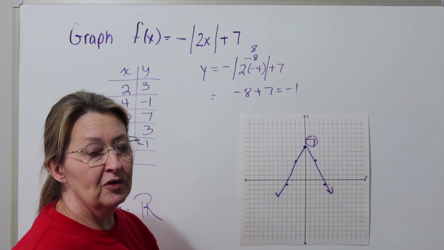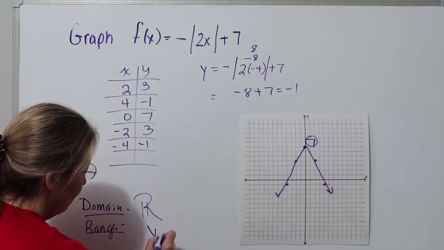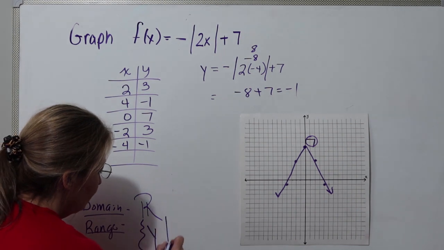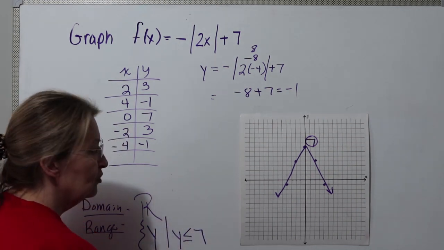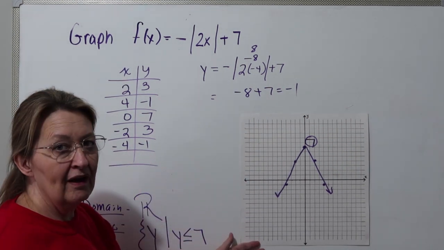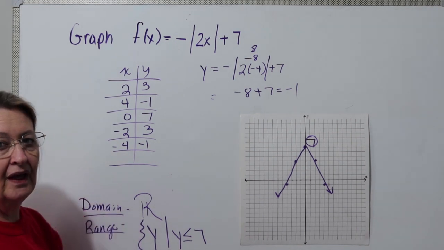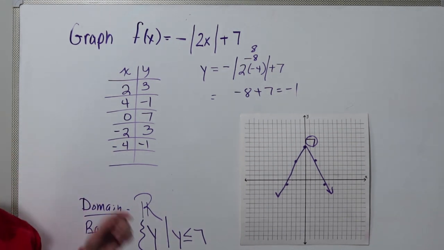It's at all the numbers less than or equal to 7. So my range, and we write it like this, y such that y is less than or equal to 7. Because it starts at 7 and it goes all the way down to all the numbers less than. Okay? So y such that y is less than or equal to 7.